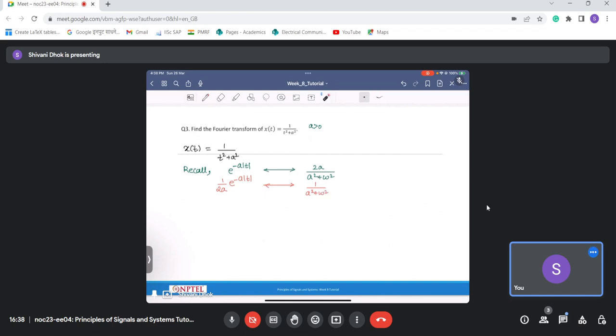Now look at these two signals. These two have similar forms. So whenever we have such things, we can exploit the duality property.